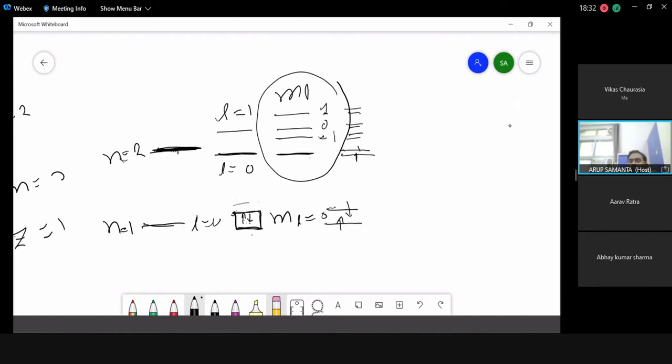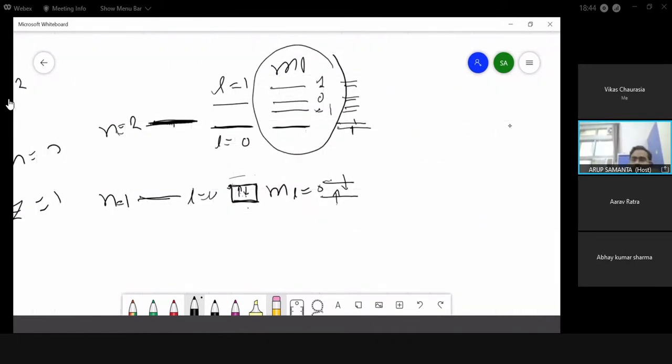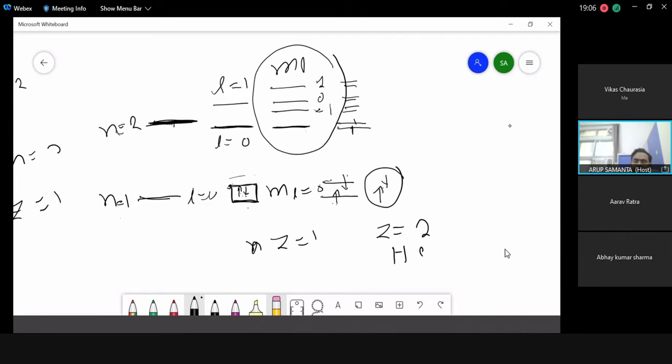If you have one electron, only the ground state is filled. If you have two electrons, the ground state and the upper one also fill, spin up and spin down, both in n = 1. For hydrogen, Z is 1, so only one electron. If Z equals 2, that is helium, so these two fill, completing the shell.